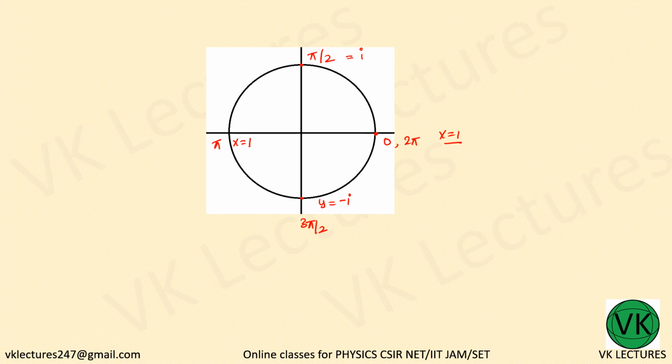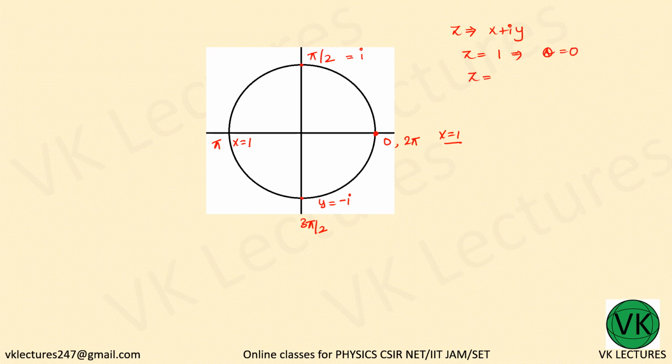When I write the complex number z equal to x plus iy, the values: when z is equal to 1, this is the point, that is 0, theta equal to 0.